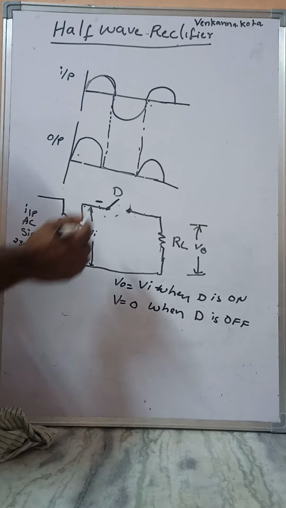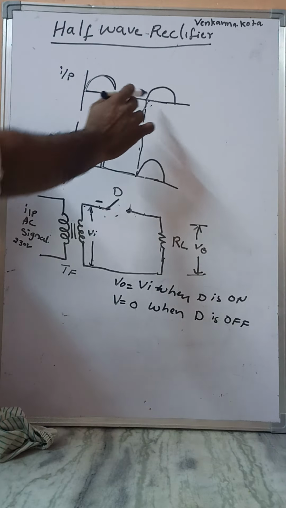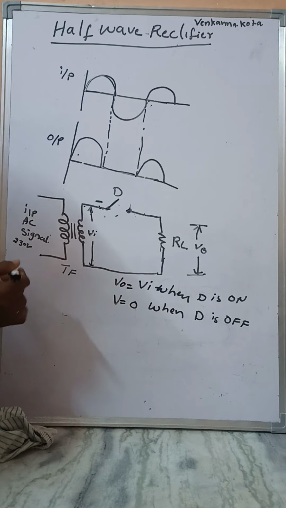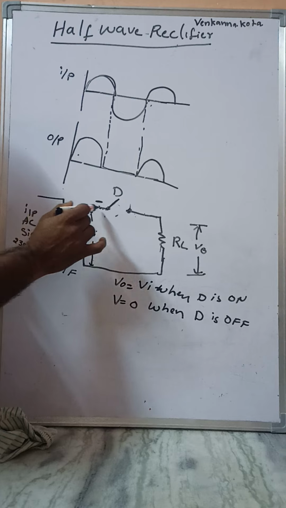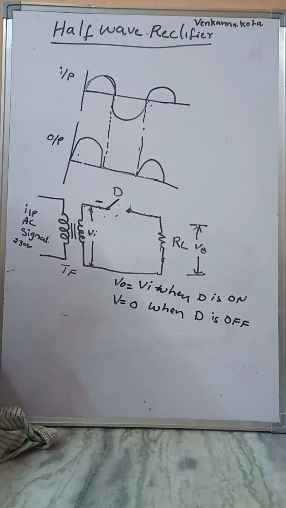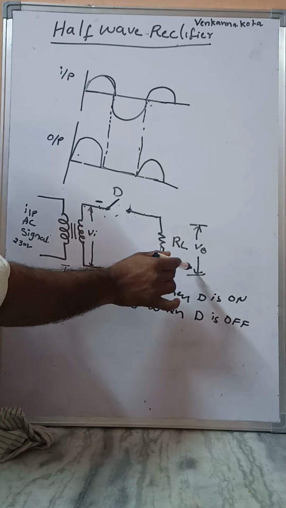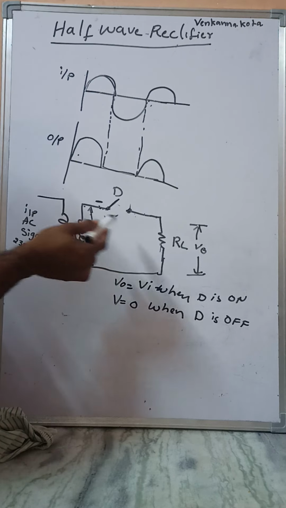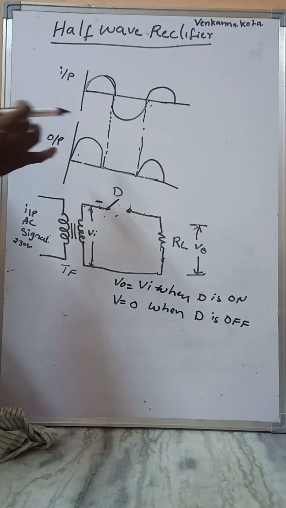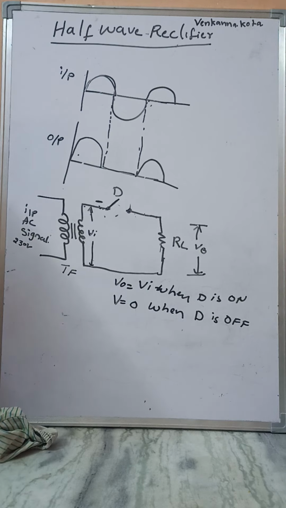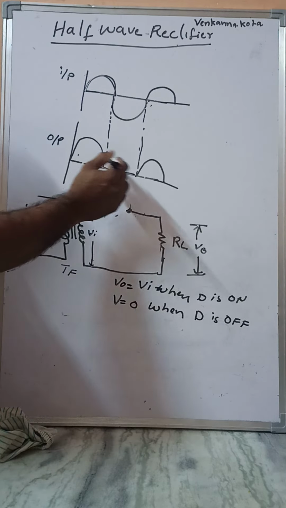Similarly, during the next positive portion, the diode acts as an on switch, the input current passes directly to the load resistor, and the output across the load resistor is equal to the input Vi. This continues till the end of the input signal, and this is the output signal.